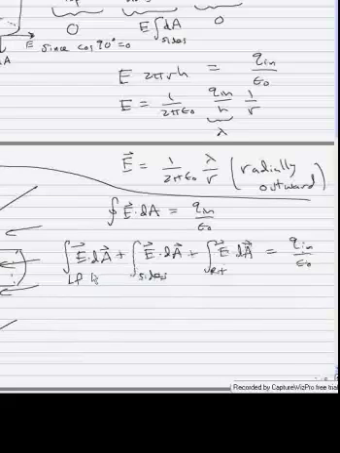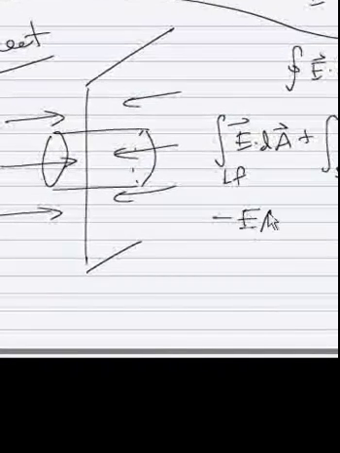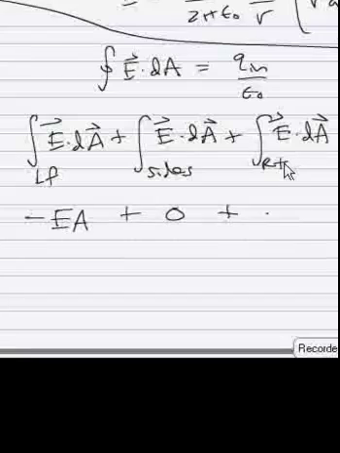Now on the left side I end up with a negative EA because my electric field is pointing in and my area vector is pointing out, and so there's a cosine of 180 degrees there, which gives me a negative sign. For the sides I get 0 and I get a negative EA for the other side.